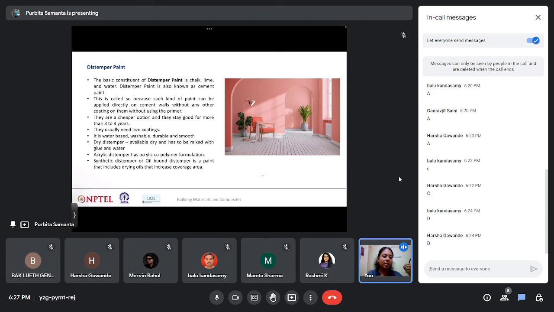If you look into acrylic distemper or oil bound distemper, the basic difference is that one has an acrylic formulation, whereas the other has drying oils. So these are some of the changes, and according to the client's preference, or the place where you are painting, the paint can be chosen.